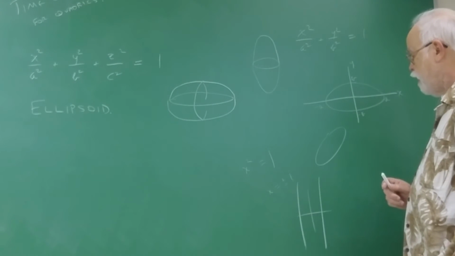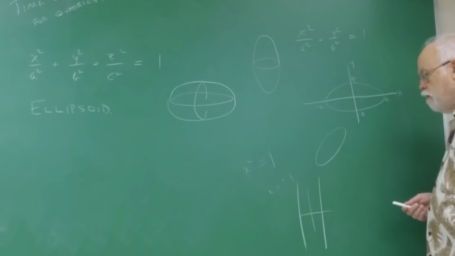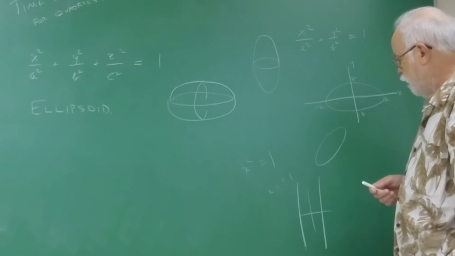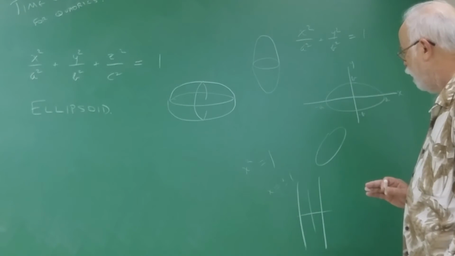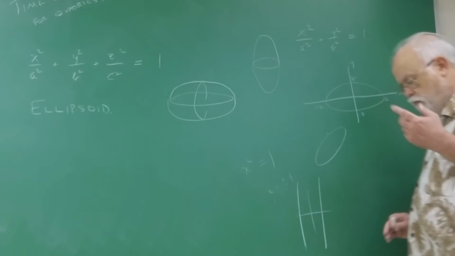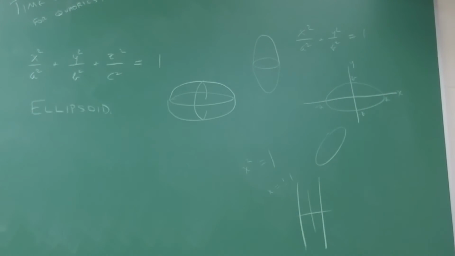I cannot get that by taking a cone and cutting it with a plane. But if you've got any curvature in a second-degree graph, then it's one of the ones we listed: circle, ellipse, hyperbola, parabola.